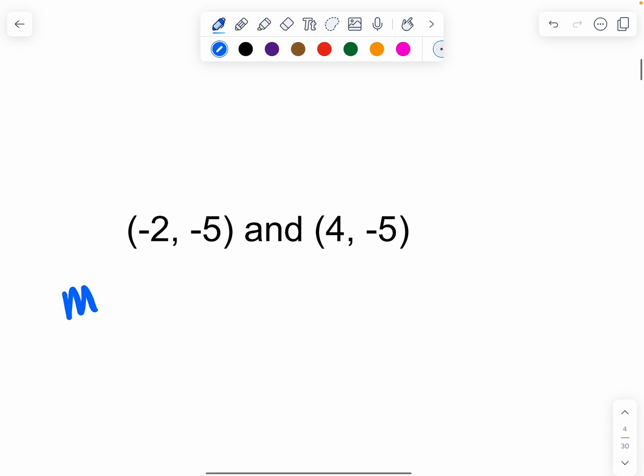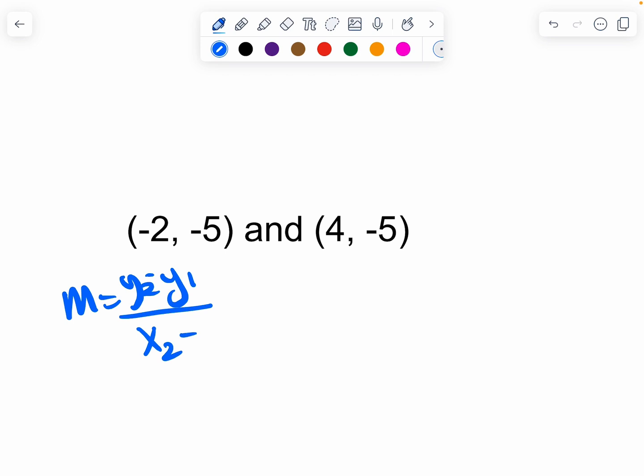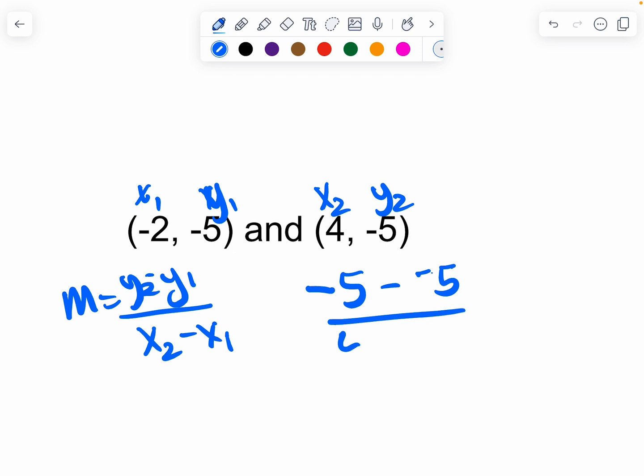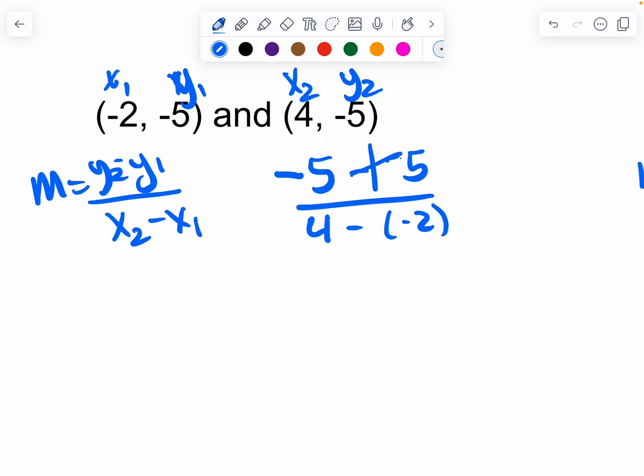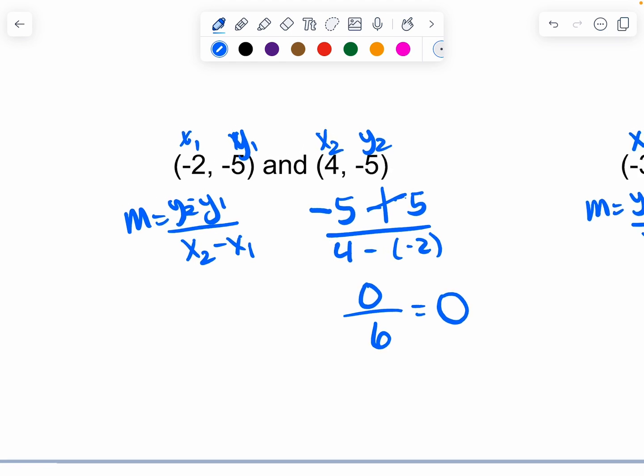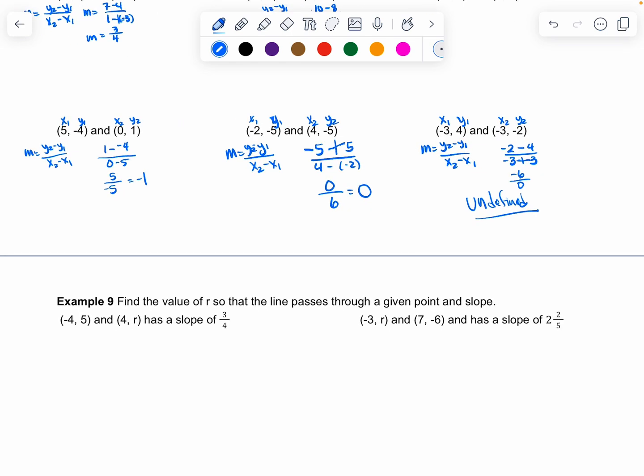I'll do this one. y2 minus y1, x2 minus x1. You do not need to write that part. I do that just to help. You also can subtract them in different orders. This would turn to a plus, so I would get 0 over 6, so that would be 0. You can have 0 in the numerator because 0 divided by any number is 0.